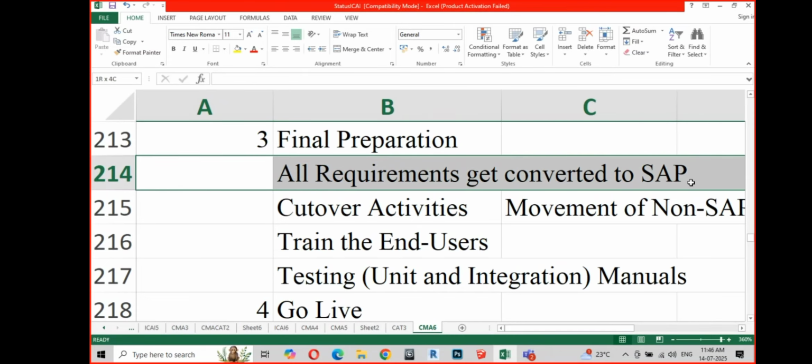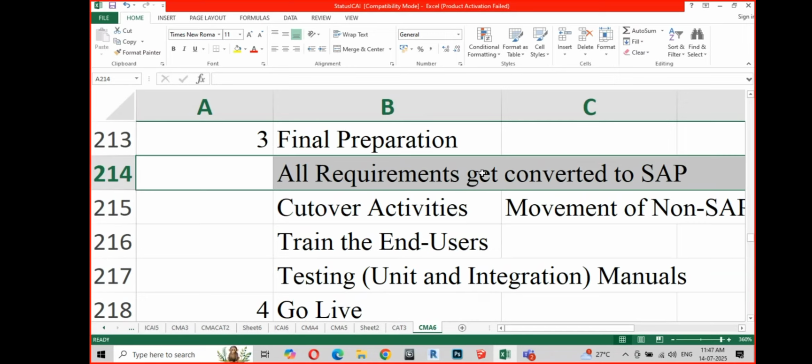Now, what is the most critical activity in this particular phase? This can actually be considered as another phase of the project, but I'm putting it in the final preparation phase itself. What do I mean by cutting over activities? Meaning, my implementing partner was using another non-SAP system, and now he wants to get into the SAP system.